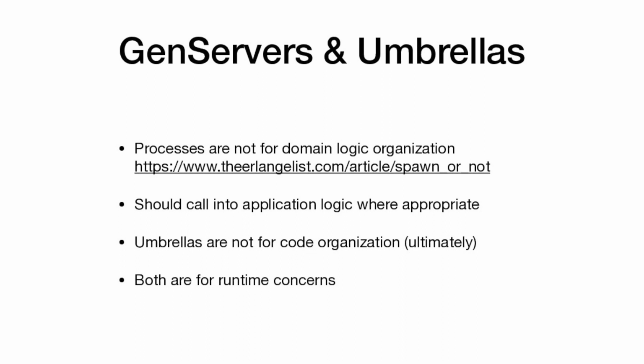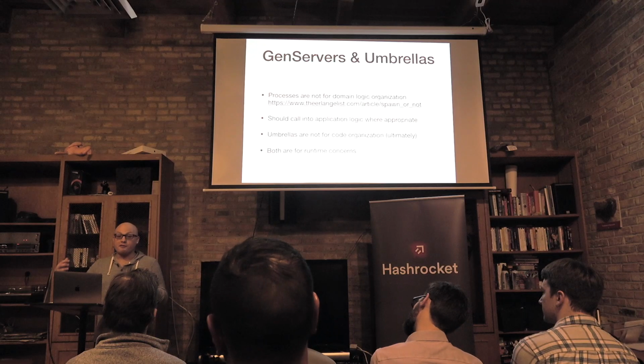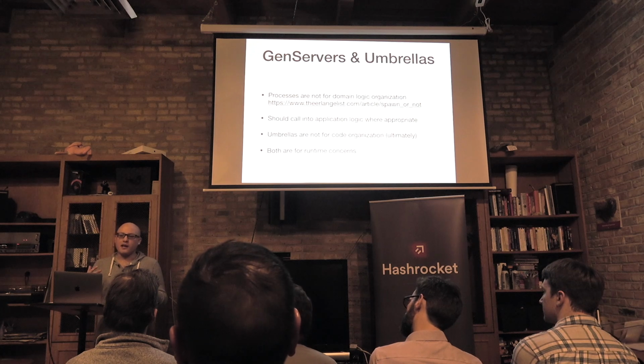That's not to say that you can't use them as that. One thing that we're doing is we've been trying to pull our framework that sits on top of Phoenix out to a separate Umbrella application, and using an Umbrella as an intermediate step to pulling it out to a separate repo. That does work, but you can get into trouble.